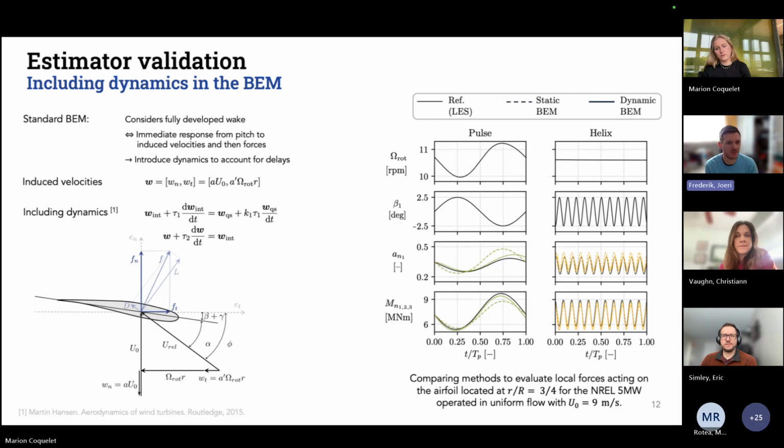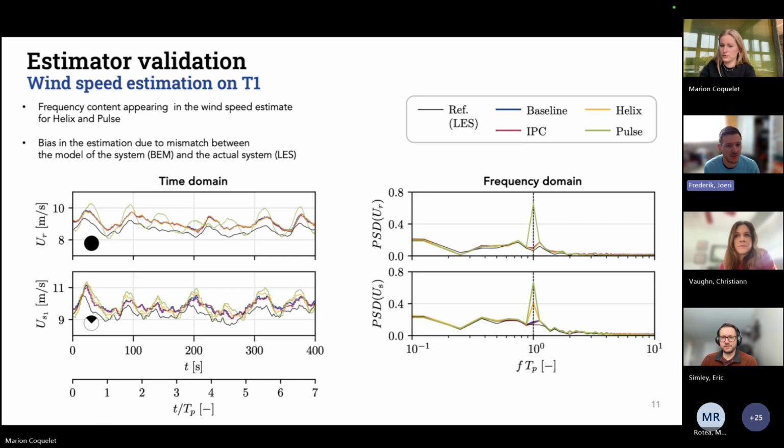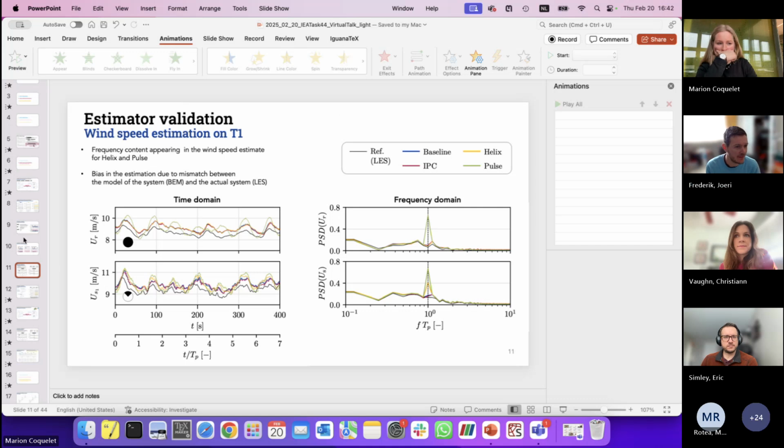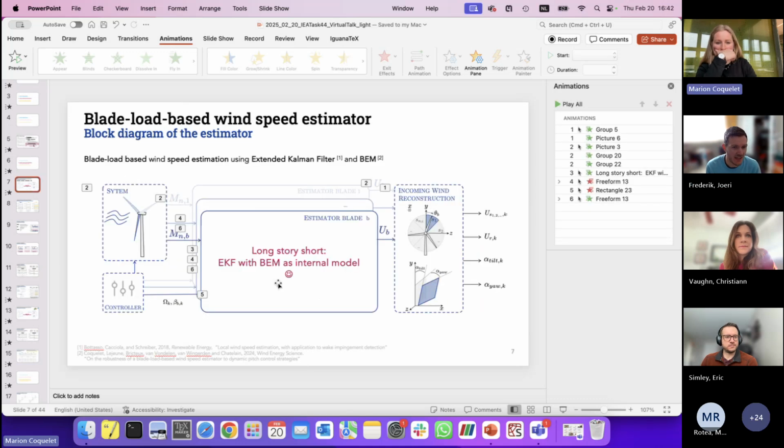So related to this, Marion, I also have another question. If you go back maybe one slide, where you have your control scheme with the Kalman filter, like this one here? Yeah, that one. All right. I will remove that because I guess you're interested in what's in there, right?